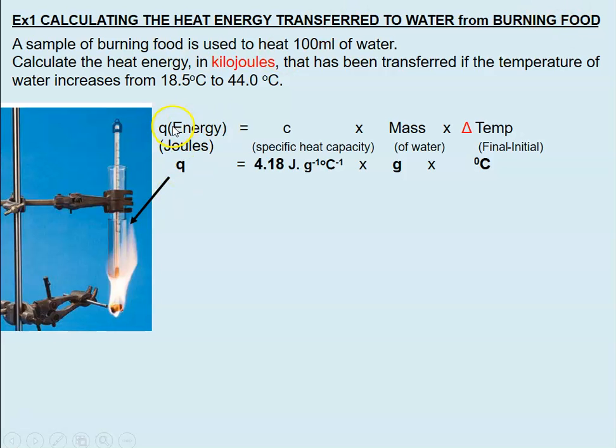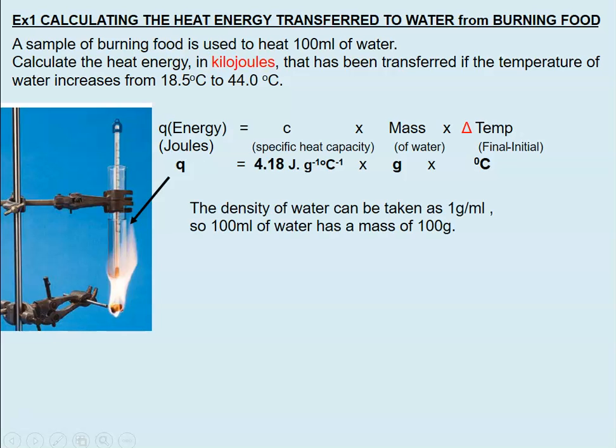So Q is energy, and your specific heat capacity is 4.18 joules for every gram for every degree, and we know that we have 100 mils of water, so we can assume that the density of water is taken as 1 gram of water for every 1 mil of water. So 100 mils of water has a mass of 100 grams.